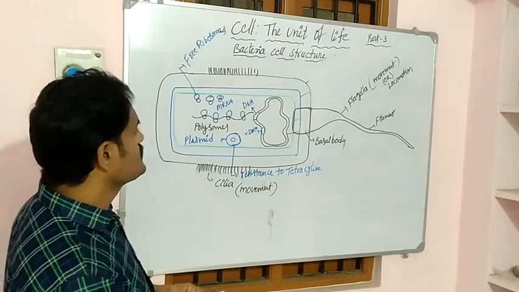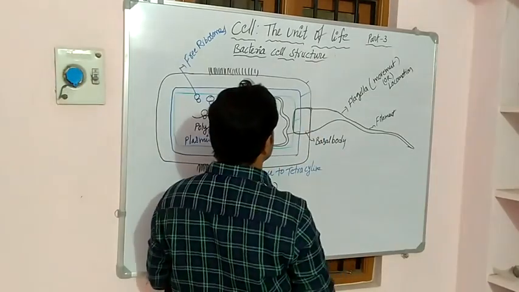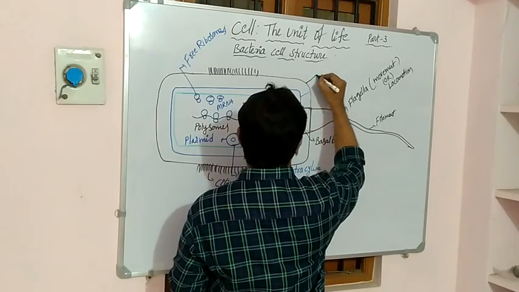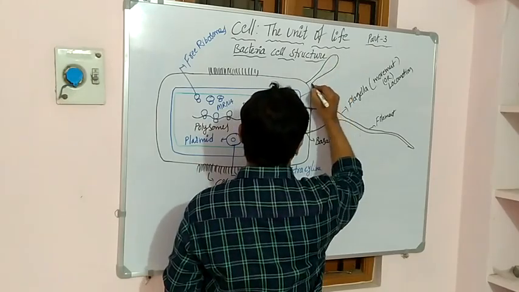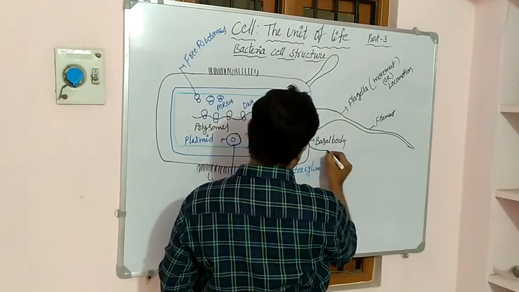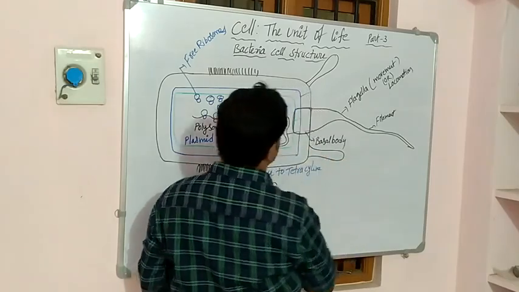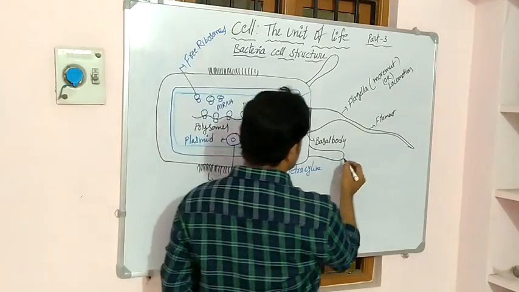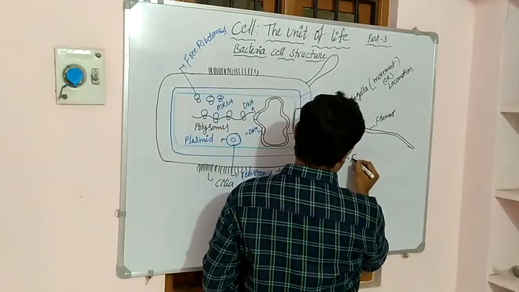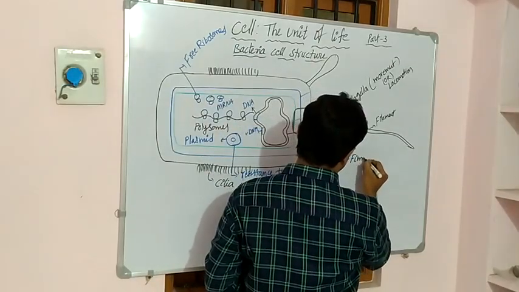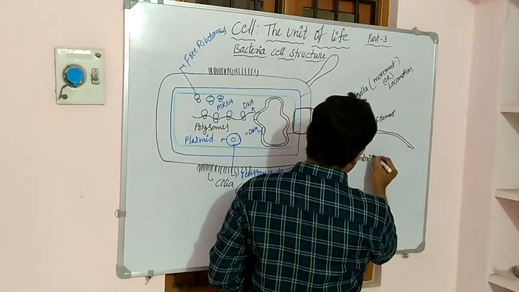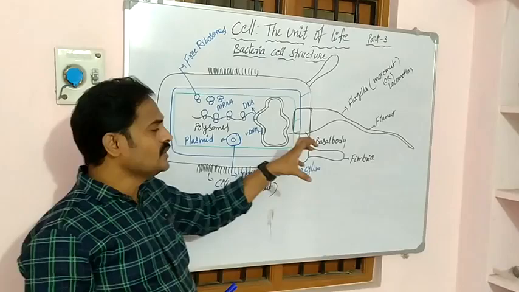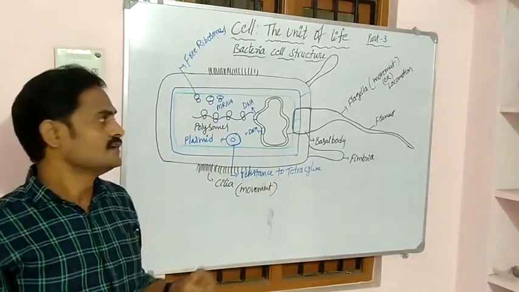And also some finger-like projections are present here, around the bacteria. These finger-like projections are called fimbriae. These fimbriae are helpful to hold other organisms.